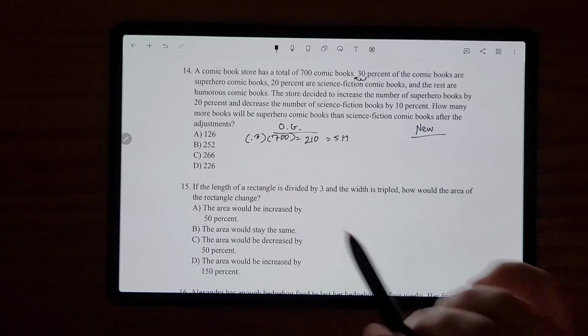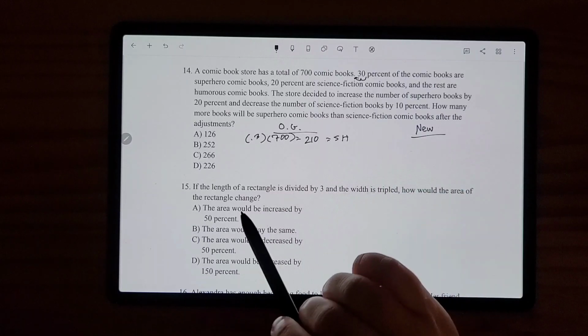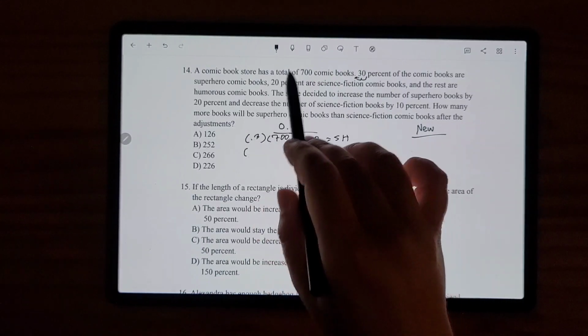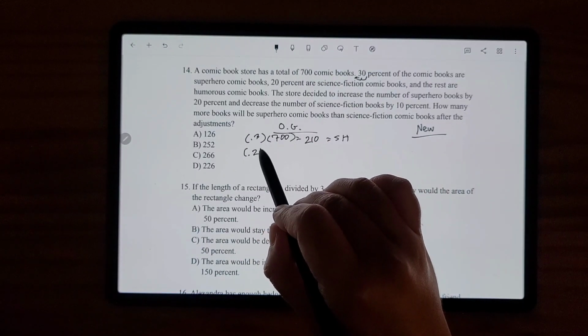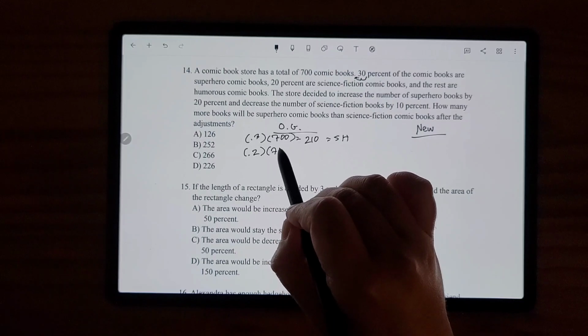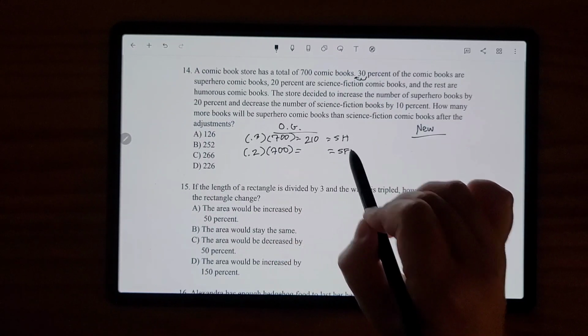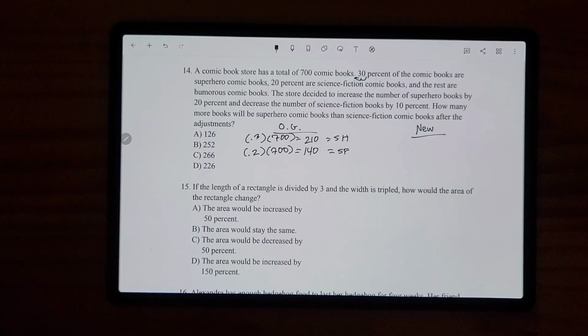So now let's find out how many are science fiction comic books. Well, it says 20%, so if we move the decimal 2 to the right to find 20% of 700, it's going to be 0.2 or 0.20, same thing, times 700 equals the number of science fiction comic books. So then I'm going to have 140 science fiction comic books. So now let's do the adjustments to find the new number of superhero comic books and science fiction comic books.